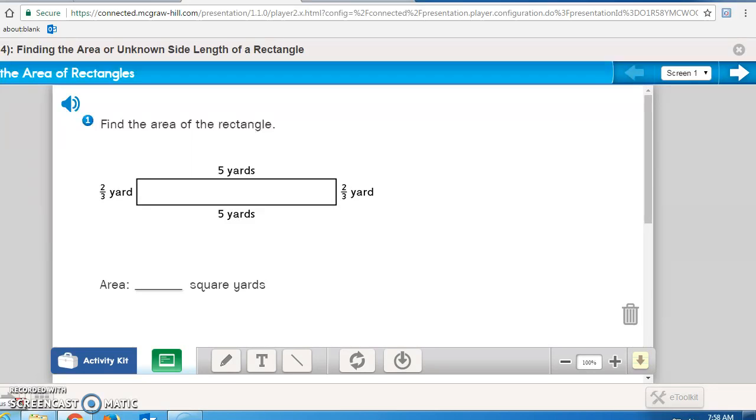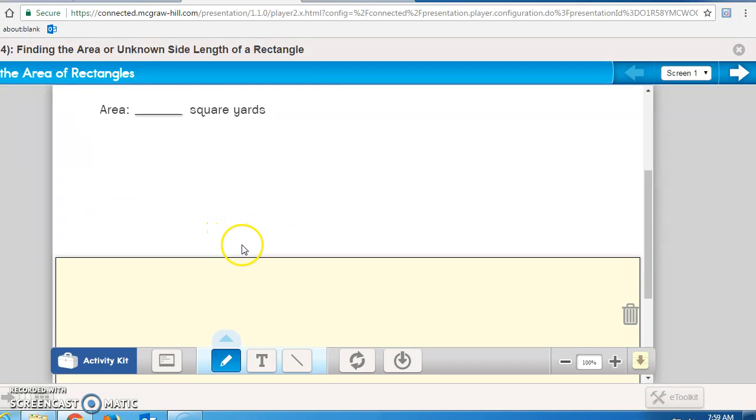Now you're going to open your math journal to page 296. This is the ACI for this lesson, the assessment check-in. It's asking you to find the area of the rectangle. Remember, P is perimeter. Area means that we are multiplying. You need to do that for problems 1, 2, 3, and 4.